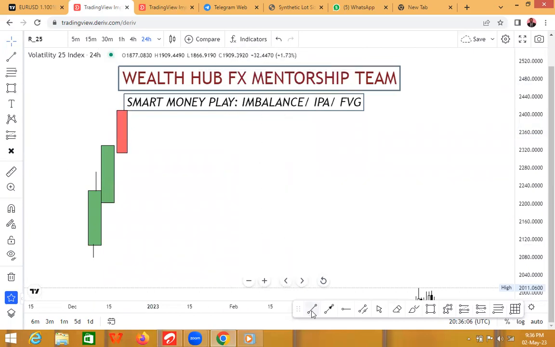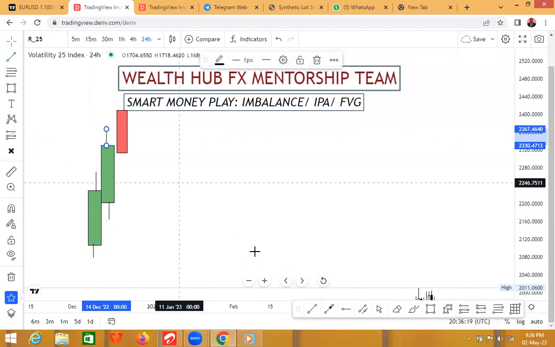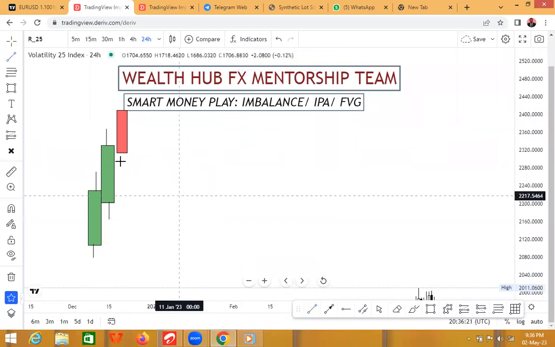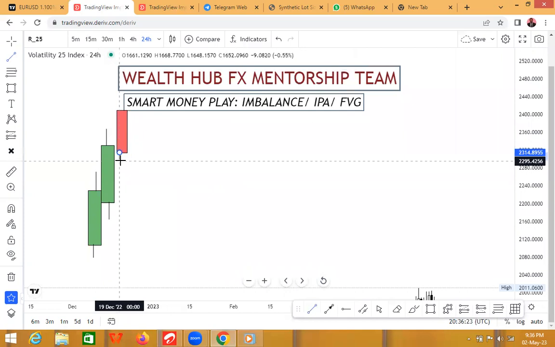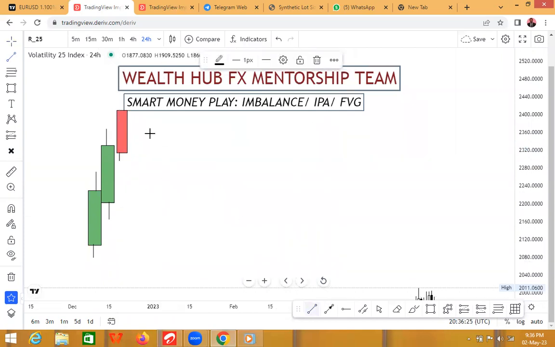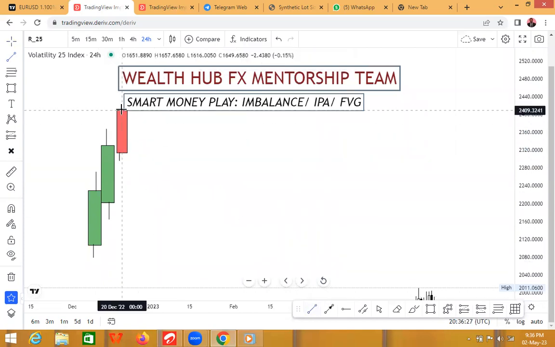So this candle has a wick to the downside. It has a wick to the upside. Then this candle has a wick to the downside, and it has a wick to the upside too.